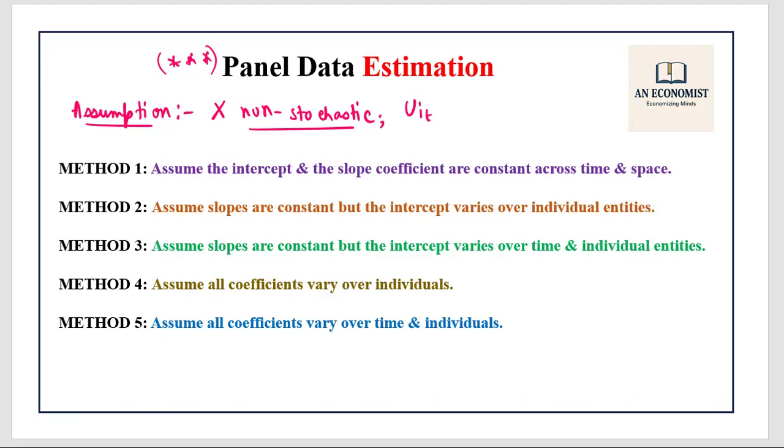So in general, the idiosyncratic error term, which varies with time and also with observations, is a random stochastic term. It will follow a normal distribution with mean 0, variance sigma square for all i and t. So these are the 2 general assumptions that will be applied for all these 5 different methods. Now let's look at all these 5 different methods.